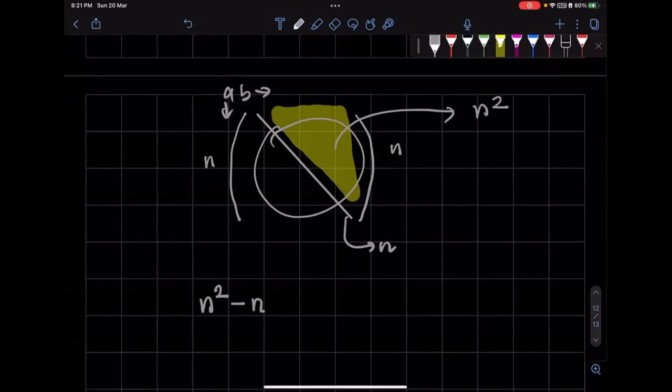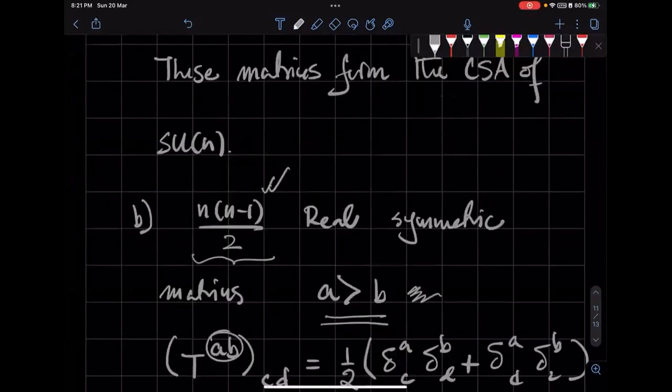And then we just divide it by 2. And if I simplify it, it's n(n-1)/2. And this is the number of real symmetric matrices we have. Okay, so that is how this condition leads to this number of matrices.